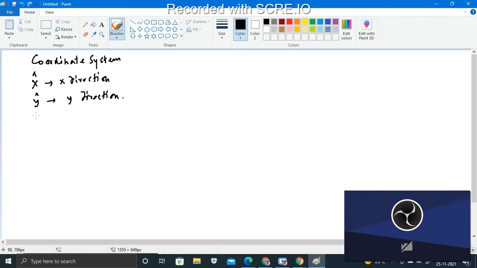We may also consider the z unit vector for the z direction, but all of this we are considering using a three-dimensional coordinate system. This is my x axis, this is my y axis, and this particular axis is the z axis.